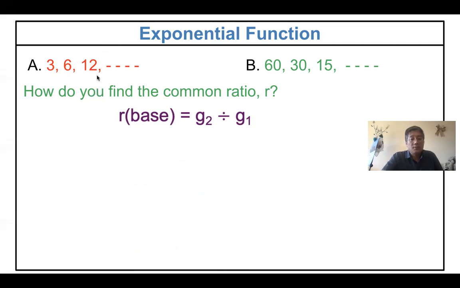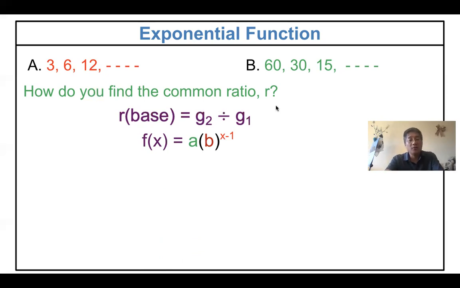So 6 divided by 3 is 2, or 12 divided by 6 is also 2. So your base for the first one is 2. For the second one, 30 divided by 60 is half, or 0.5, or 15 divided by 30 is the same. You can use the calculator to get the ratio.